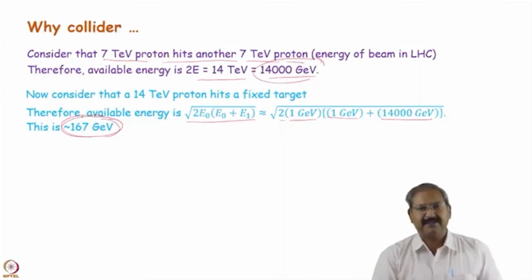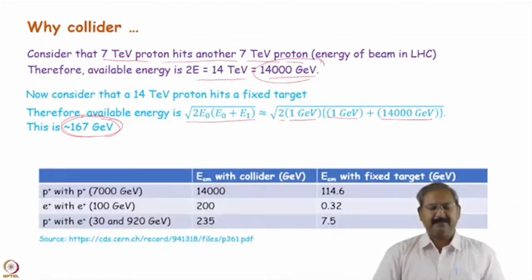So compared to the fixed target experiment, colliding beams provide very high energies. This means many-fold more massive particles can be generated in colliders than in fixed target experiments. There is one comparison in this table.